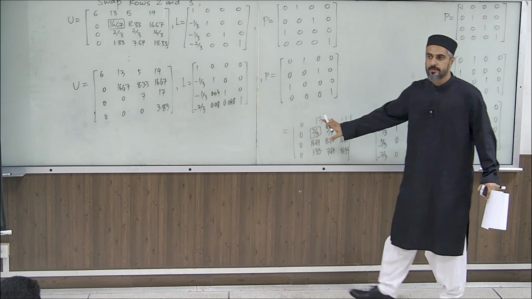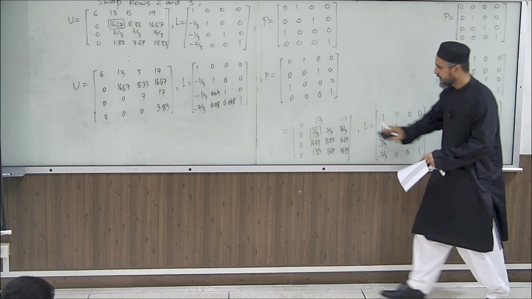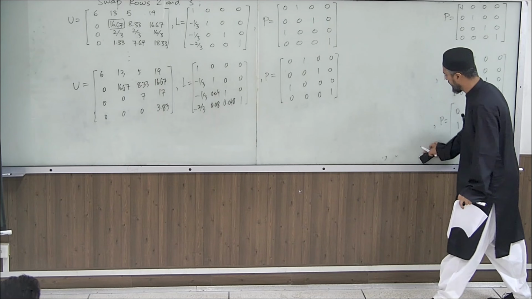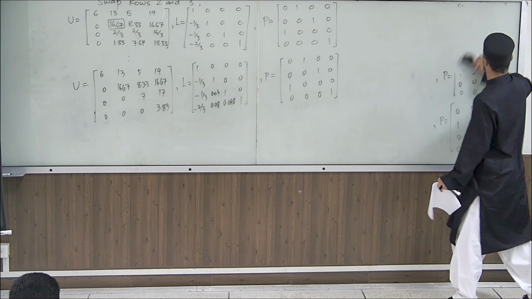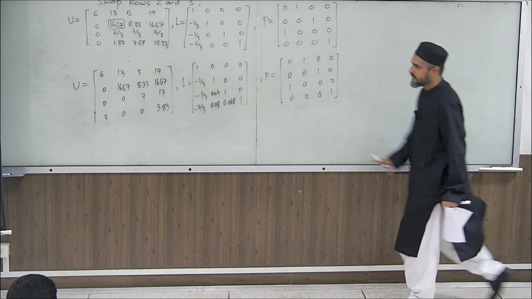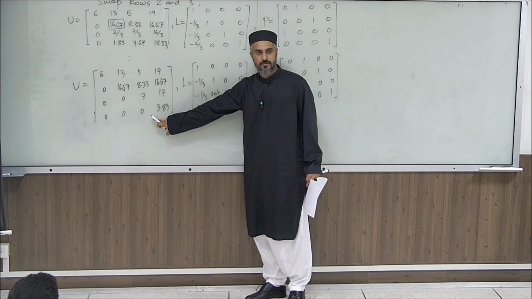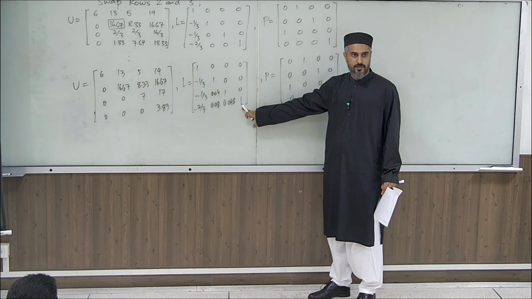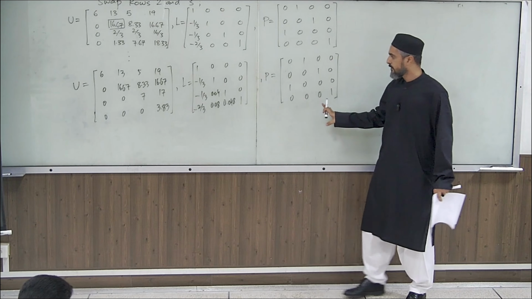Finally, this will be the form. Now you see, when we name the A as U, we made that an upper triangular matrix. And this is a lower triangular matrix. You got a lower triangular matrix, and you got a permutation matrix.